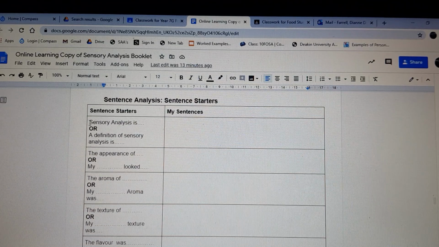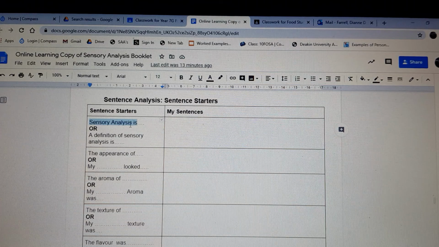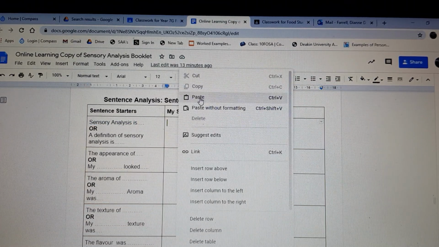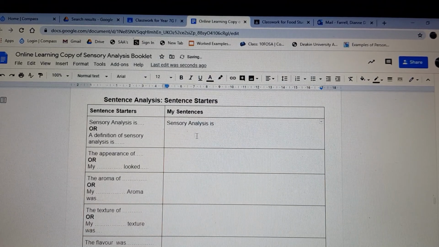So what I would expect to see is that you would highlight this, copy it, put it into here, paste, and then continue on this into a full sentence. Okay? So then when I go and read these in your assessment, they are in complete full sentences all the way down. Okay, I'm just going to go back there.